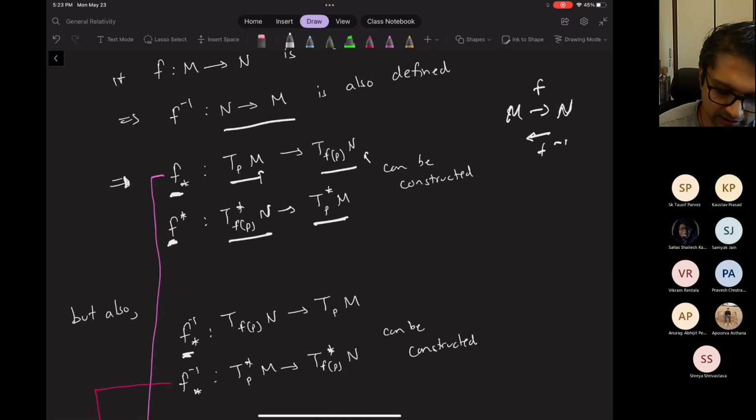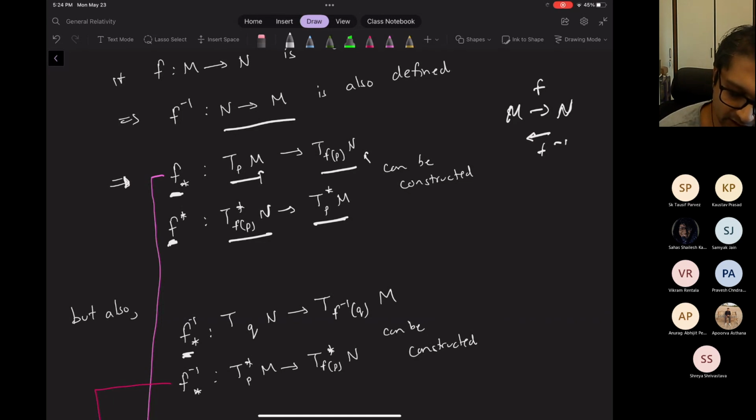Let me say there's a point Q on N. Now I can construct a point F inverse Q on M. So this map exists.